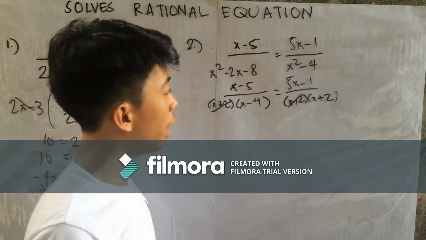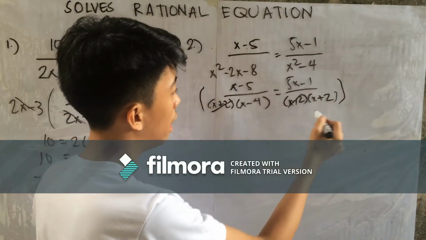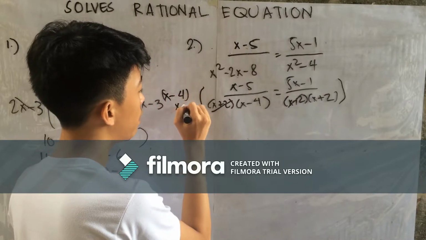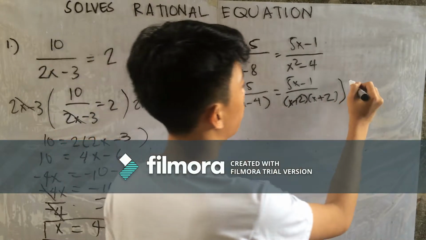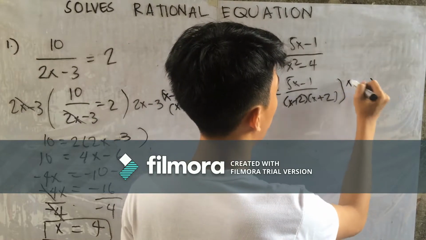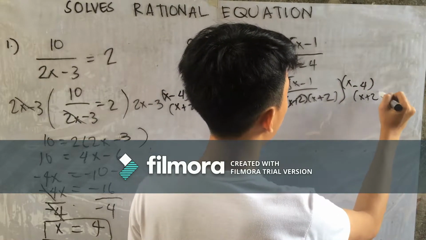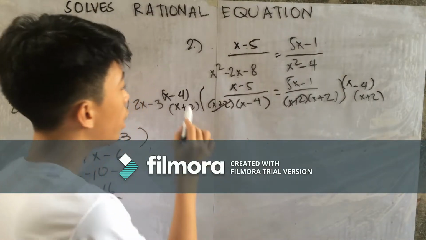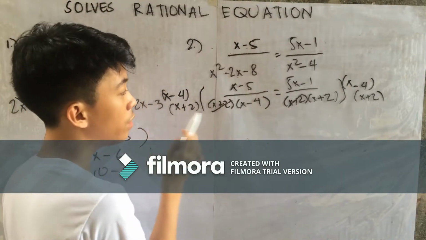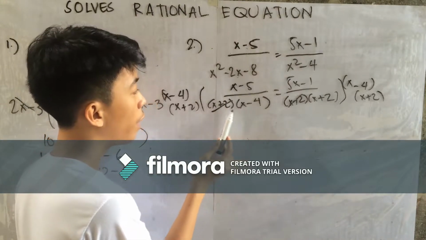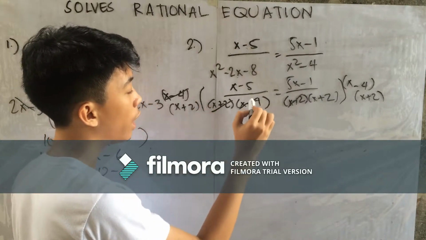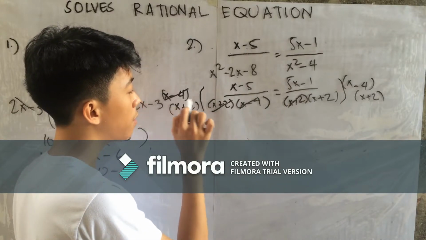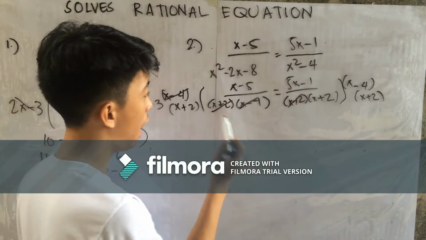Dahil dyan, times natin siya sa both side nila, x minus 4 at x plus 2, nang sa gayon, matanggal natin yung denominator nila. So, x minus 4, x plus 2 divided by x minus 4 is makakancel na negative 4, x minus negative 4, tapos times x plus 2. So, itong x plus 2, mapupunta na siya sa taas.